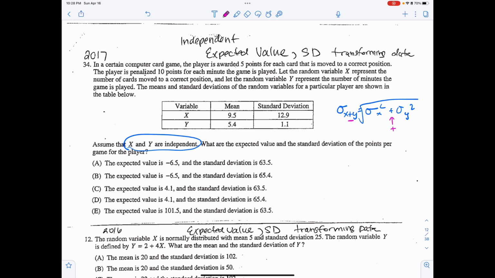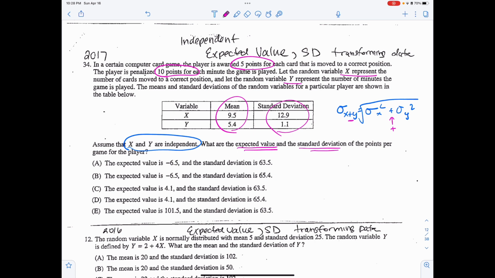Okay, so this one, first of all, asks us for the expected value. Expected value is just my mean, and then the standard deviation, of course. The player is penalized 10 points for each minute the game is played and awarded 5 points here. X is the number of cards and Y is the number of minutes.